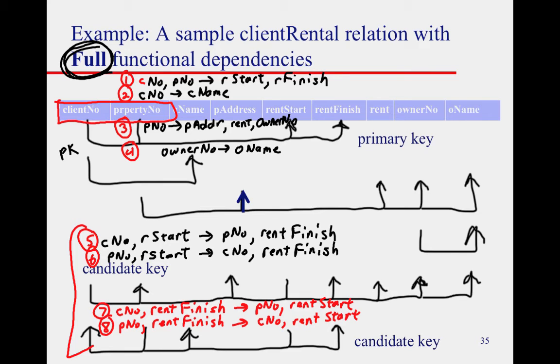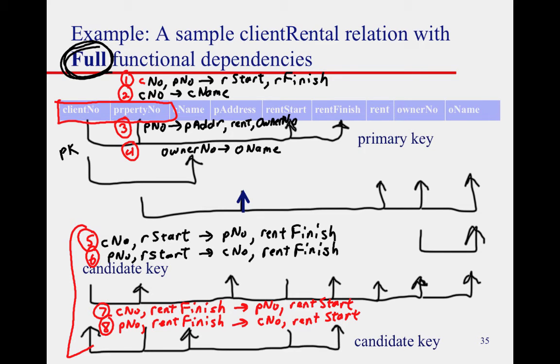So to get from first normal form to second normal form, what we need to do is decompose this relation based on partial dependencies on the primary key. Okay, so there are 2 partial dependencies here because the primary key consists of 2 attributes.